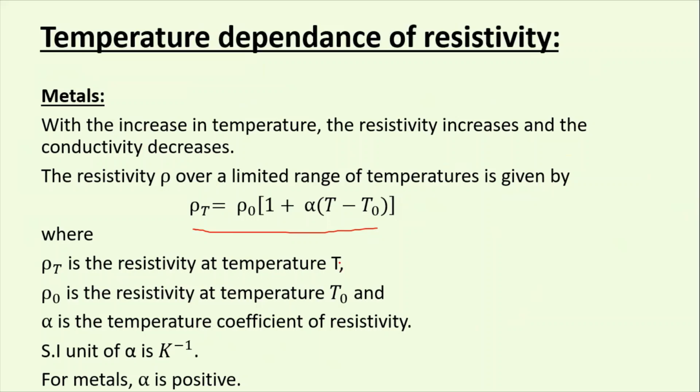Rho T is the resistivity at temperature T. Rho naught is the resistivity at temperature T naught, the reference temperature. Alpha is the coefficient of resistivity. The SI unit is per Kelvin or per degree Celsius. For metals, this value of temperature coefficient of resistivity is positive, and it tells us the increase in resistivity per degree rise in temperature.